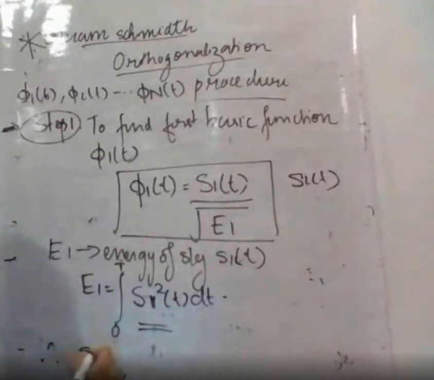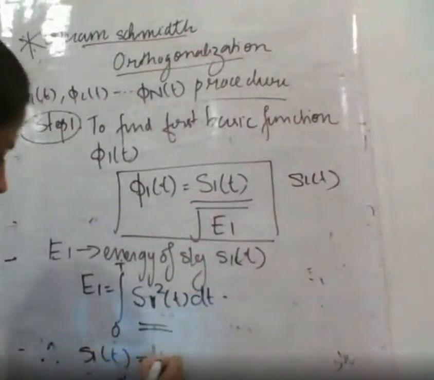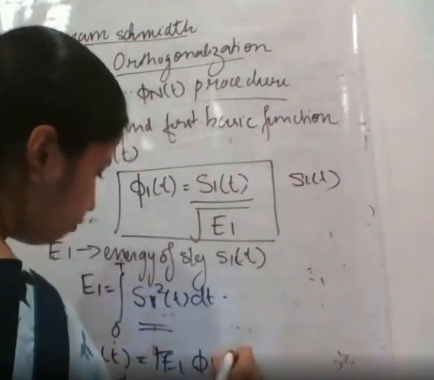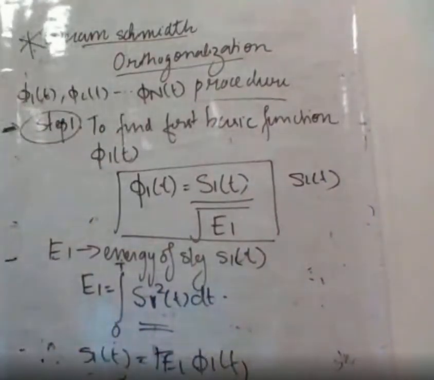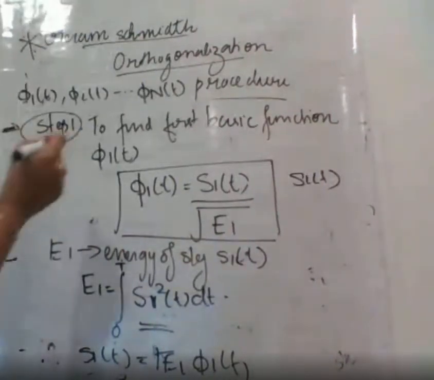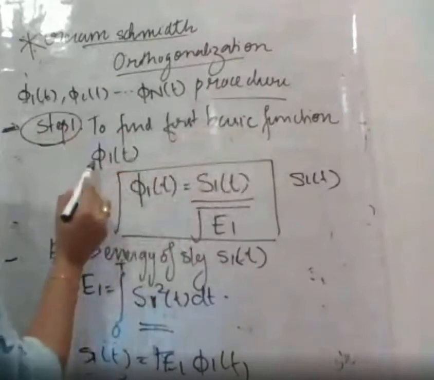Therefore, S1 of t is nothing but root E1 into phi1 of t. This is our first step: to find the first basic function phi1 of t.